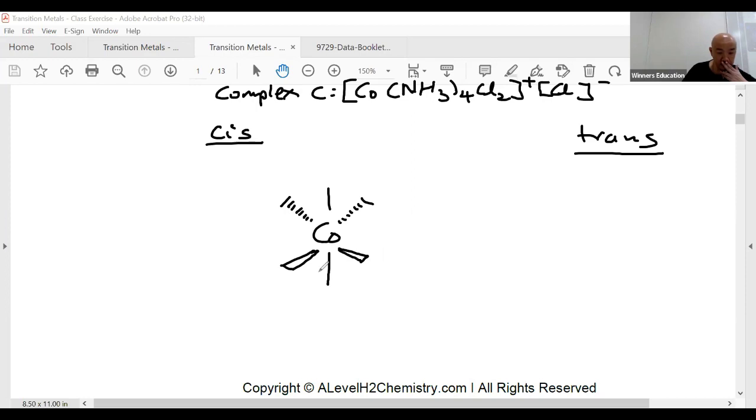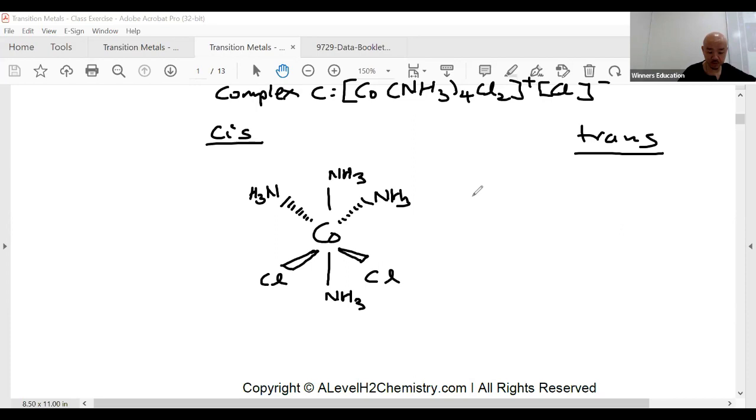All right, so this is the one I want to design. This is the cis. H, ammonia got 4, chlorine got 2. So this is the cis, and then let me draw the trans.